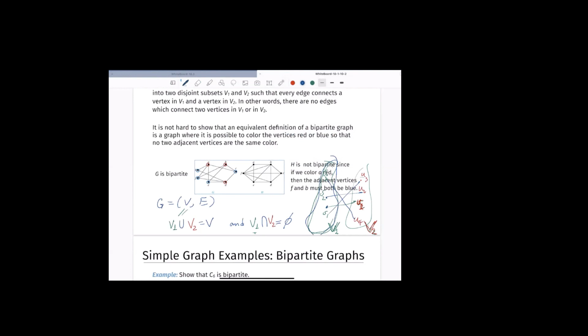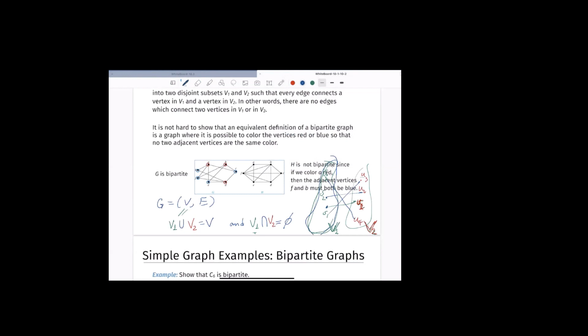And if there is an edge between 2 vertices, those 2 vertices have to be of opposing colors. Again, as a remark, I didn't claim the converse: that if 2 vertices have different colors, then there is an edge. I didn't say that. I said if there is an edge, then the endpoints are of different colors.